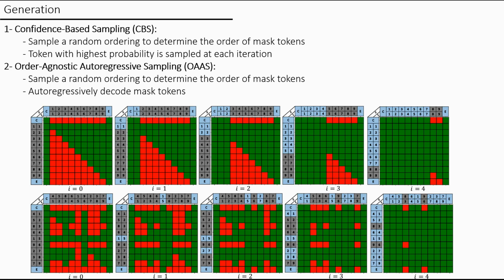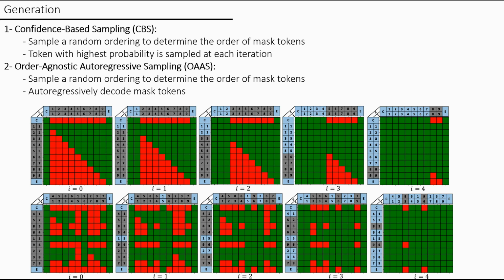For generating a motion sequence based on a text prompt, we can use different methods. The first method is the traditional confidence-based sampling, in which we first sample a random ordering to determine the order of masked tokens, and we build our completely masked motion sequence, which is our noise.